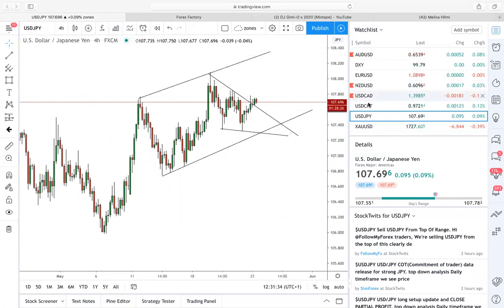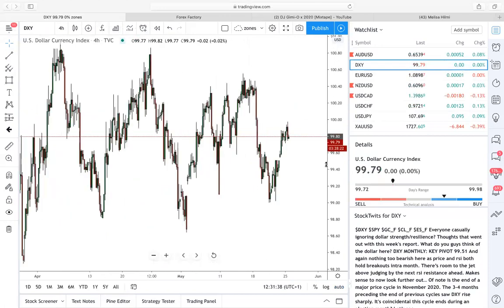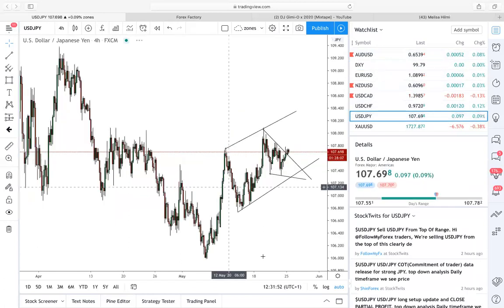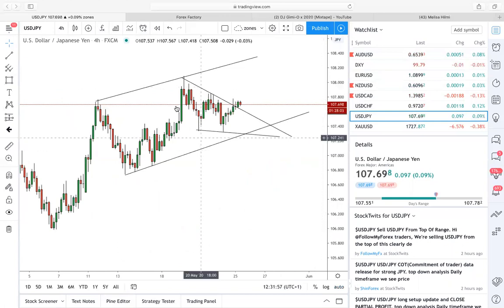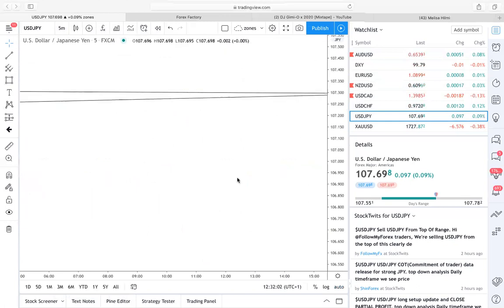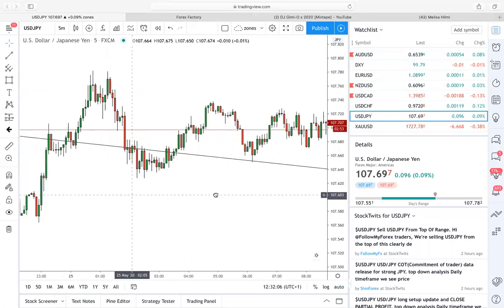Now if we take into account DXY, let's just see what direction it wants to move in. Ideally, DXY should come up to about here, especially the fact that it's gapped upwards, showing that there's been a lot of bullish momentum in the upwards direction over the weekend. So let's just go back to USDJPY right now. So this would make the most sense to get into a buy. However, if we just look at the 5-minute chart and see what it is doing.